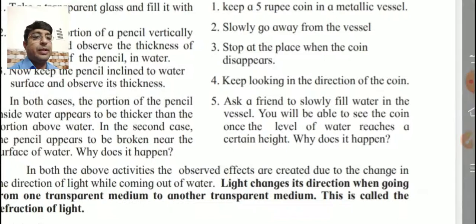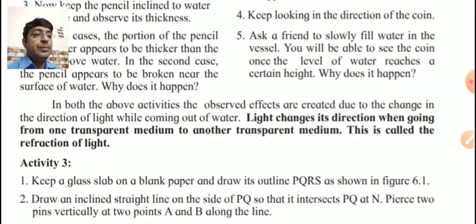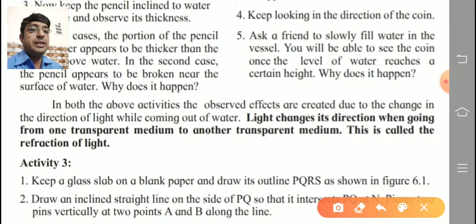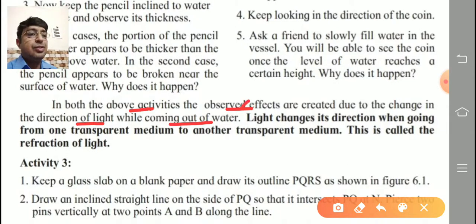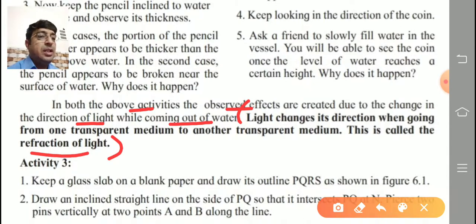Now see the next point. In both the activities above, the observed effects are created due to change in the direction of light while coming out of water. So mark the definition. Define refraction of light. First question.